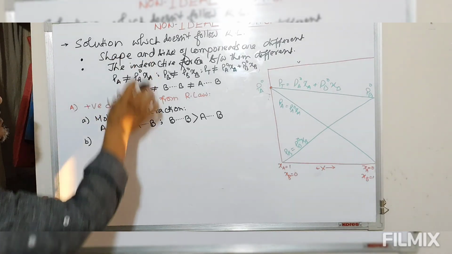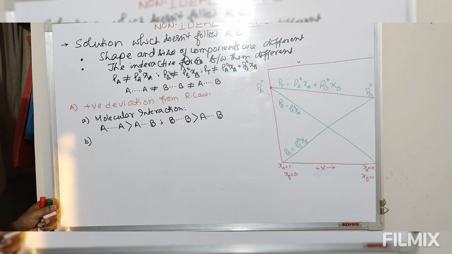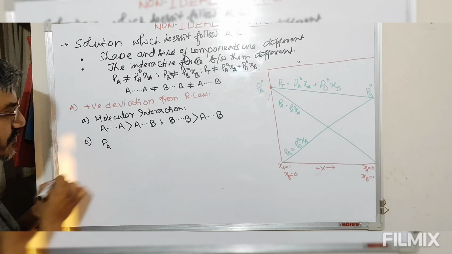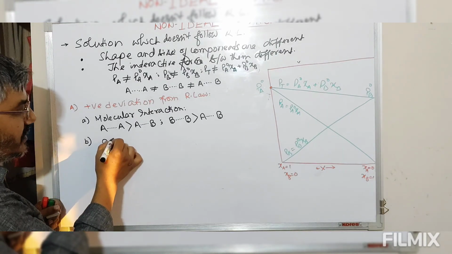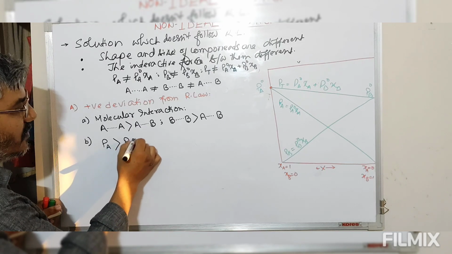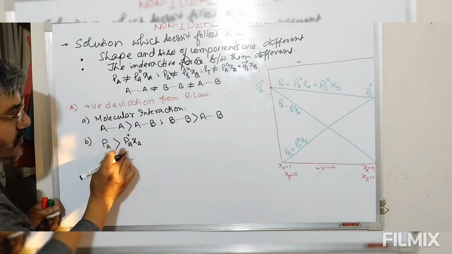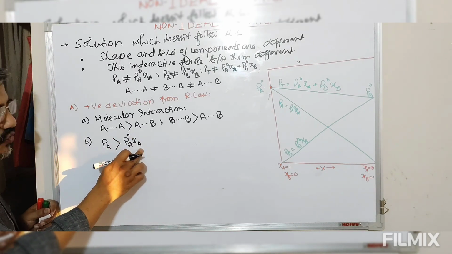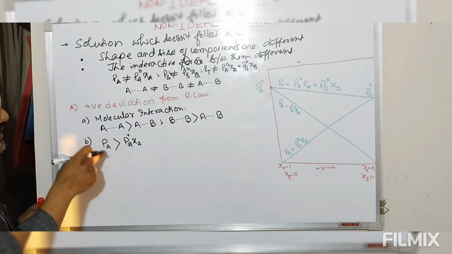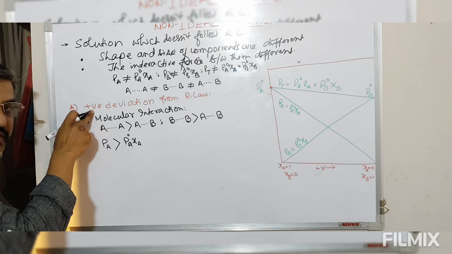Then since both the components do not follow Raoult's law, look at this: PA, the vapor pressure of A, will be greater than the one predicted from Raoult's law. So this is Raoult's value. So the actual vapor pressure is greater than the Raoult's value. So we say this is having positive deviation.